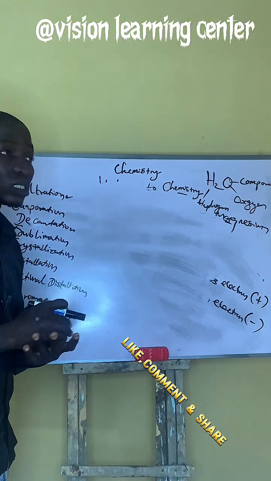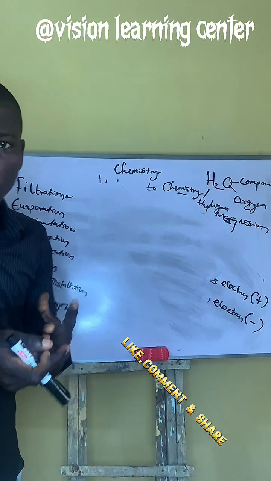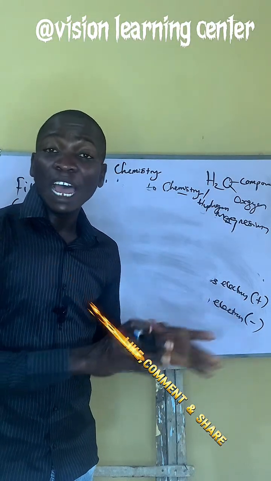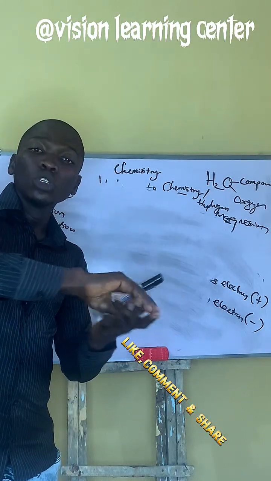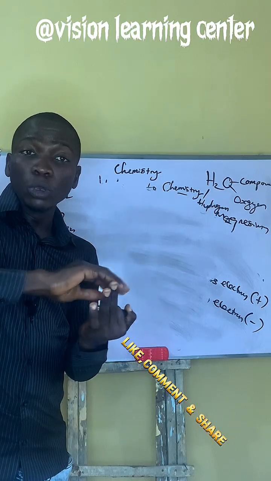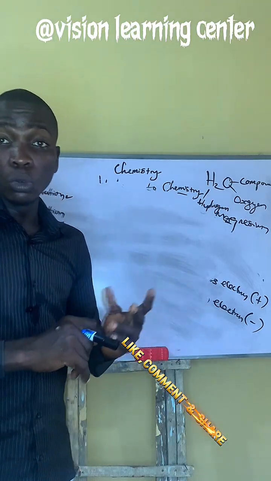For instance, those people doing pap, you know that pap has a shaft. When you get your pap, you try to process it. Notice that the pap liquid is soluble in water, while the shaft is not soluble in water.